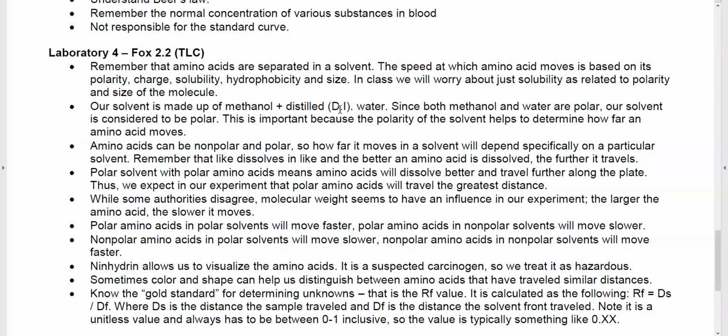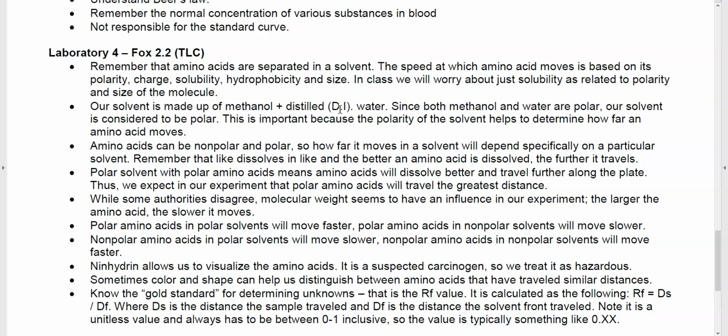So for solubility, we're going to assume, which is true, that the more soluble an amino acid is in a solvent, the farther it's going to move. And what really determines solubility is the polarity. Polar molecules tend to be really soluble in polar solvents.